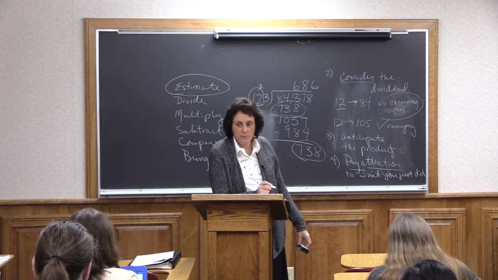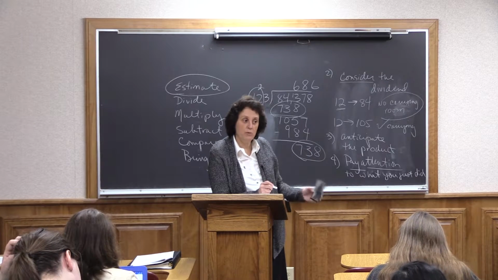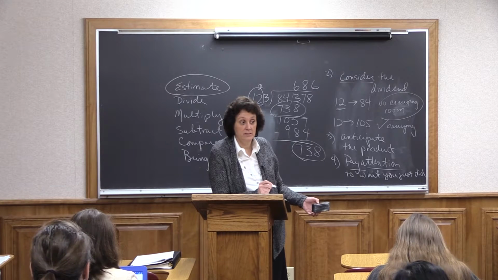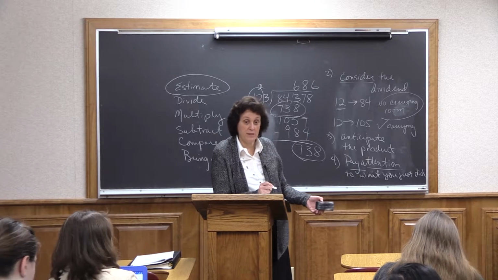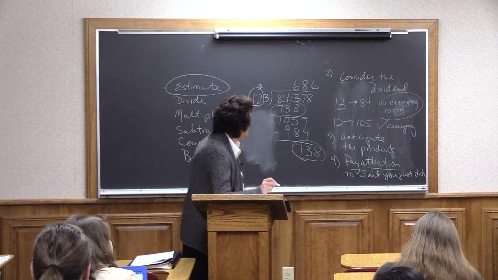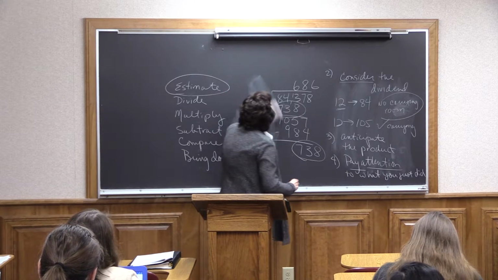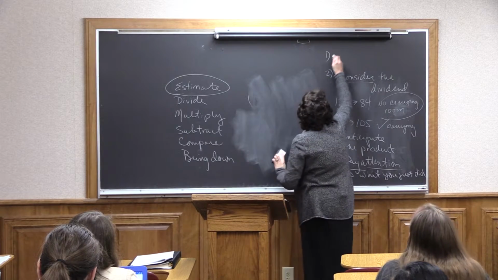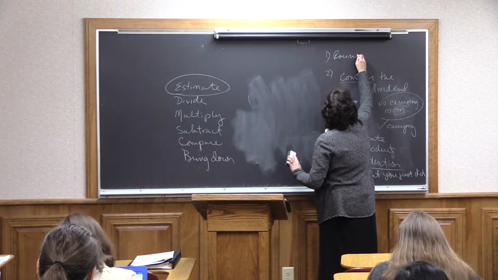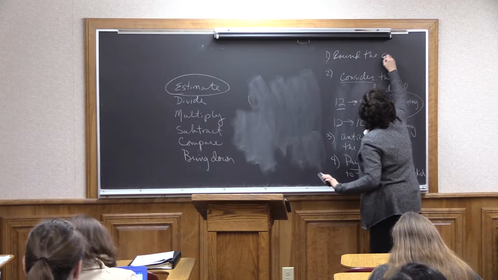But then the other problem with long division is a little bit of weakness in the times tables, and making mistakes with common factors and products. All right, so let's do a few more examples. So yes, we will round the divisor.